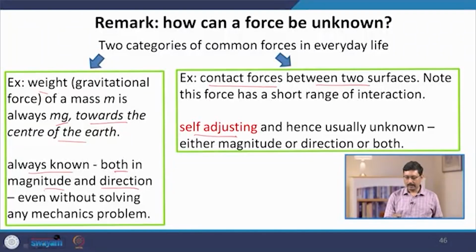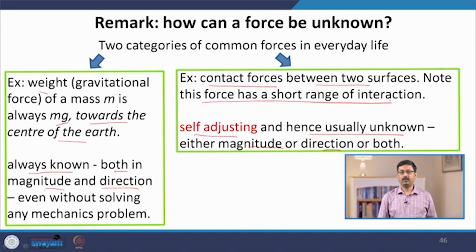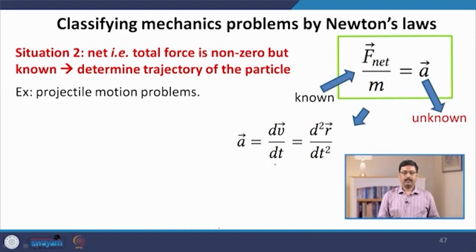So, these forces are called self-adjusting and usually unknown in magnitude, direction, or both. There are two kinds of forces, and interestingly this kind of contact force usually has a short range of interaction. That is, they appear when you have two objects that are in contact or very close contact.